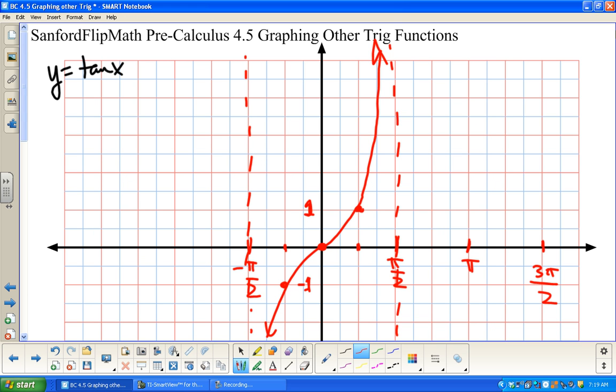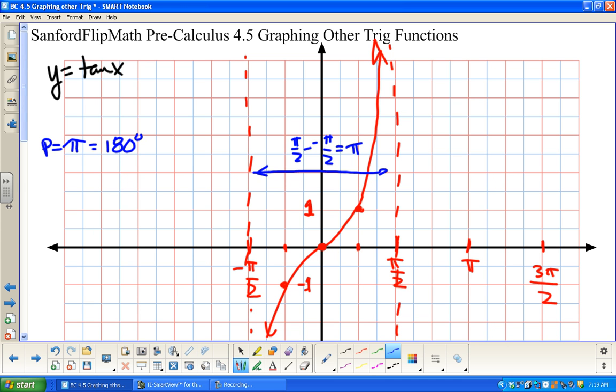Now, one of the things I need you to notice here is that one cycle happens to be the difference between pi over 2 and negative pi over 2. So that change is actually pi. Tangent starts repeating in 180 degrees. So for tangent, the period is pi, or 180.